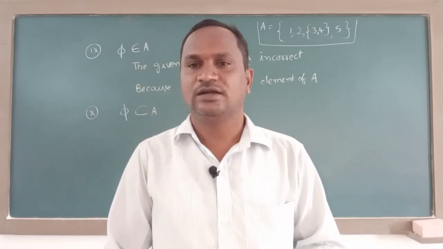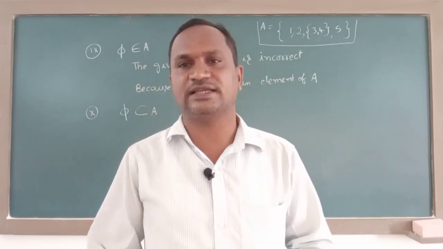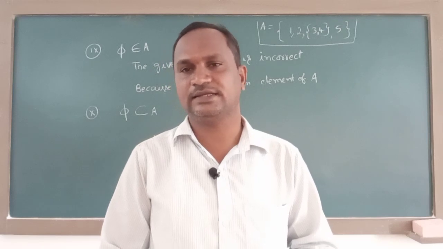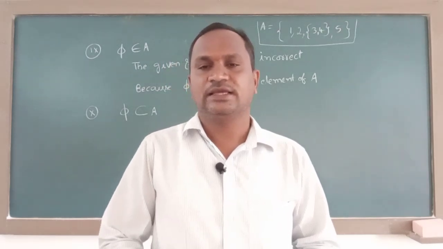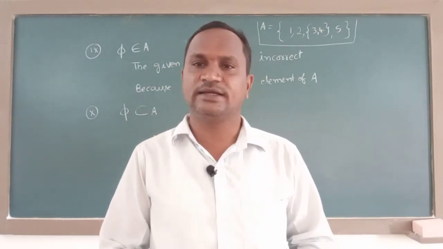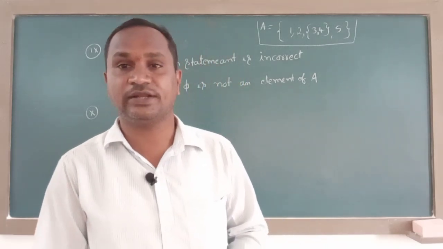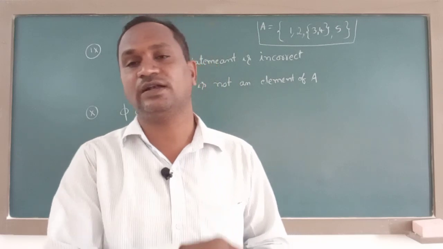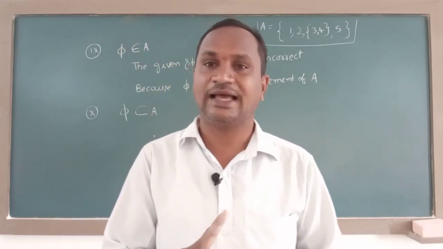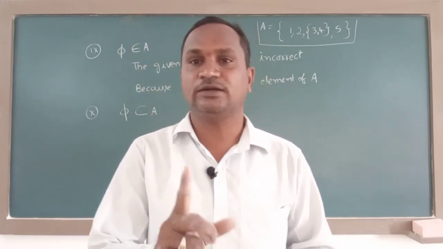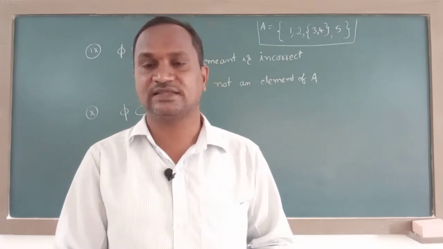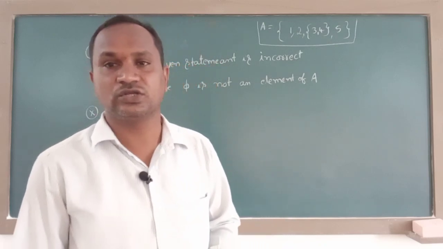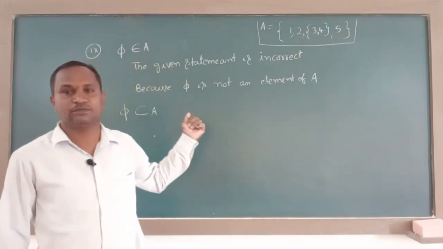They are: the null set is a subset to every set; every set is a subset of itself; and if A is a subset to B and B is a subset to C, then definitely A is a subset to C. According to those notes, we can write that the given statement is correct.